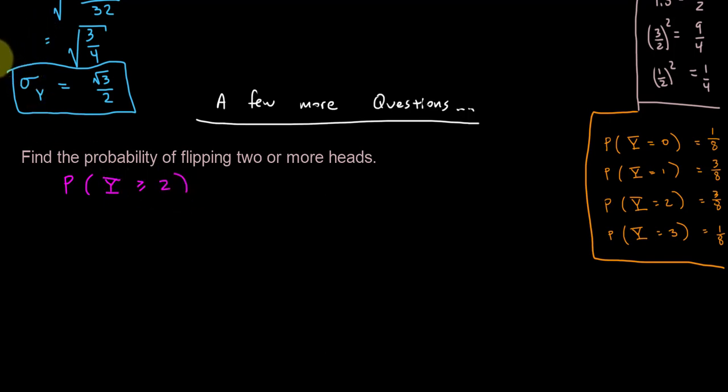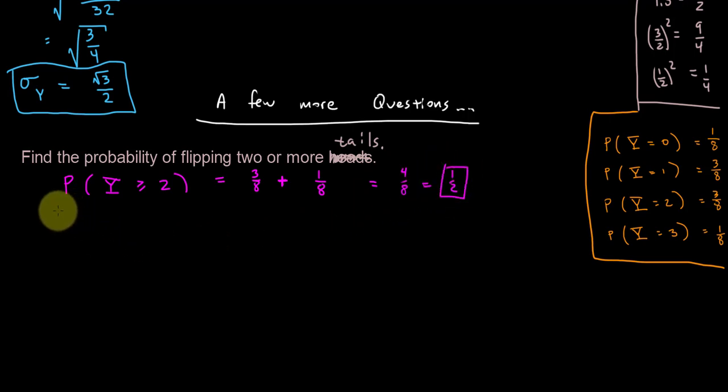And I just realized this is not heads, this is tails, but I believe you understand what I'm trying to get at here. 2 or more tails. So I would have to use the symbol greater than or equal to 2. And this is going to require the probability for 2 tails plus the probability for 3 tails. Because 2 or more, remember the addition rule, 2 or 3 tails. So that's 4/8, also known as 1/2.